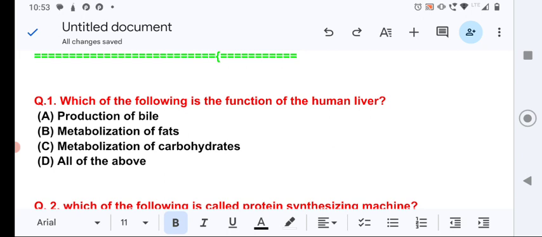It does not contain any enzyme which helps in digestion, but bile helps in the emulsification of fats. Then the lipase enzyme acts on the fat and breaks it into fatty acid and glycerol. So the major function of the liver is the production of bile.